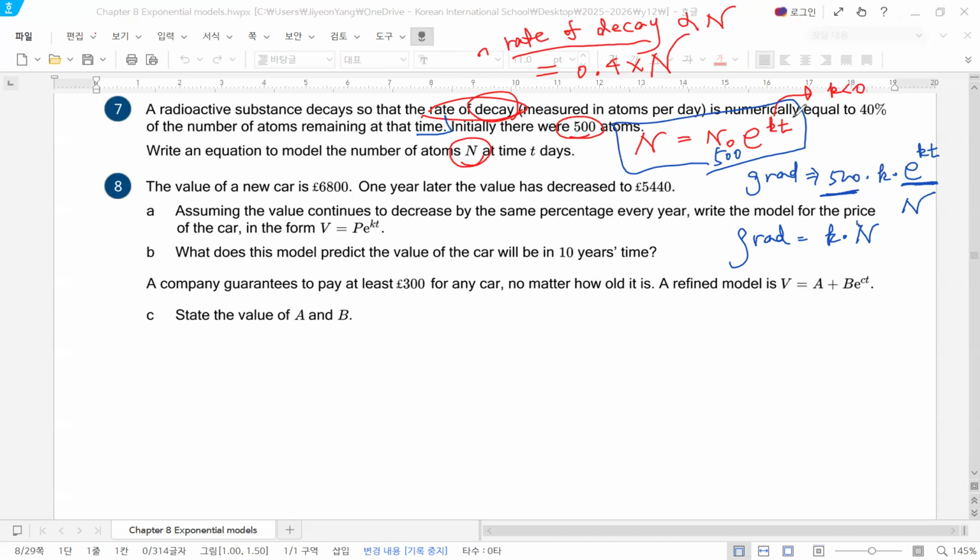And then it's 40% of the remaining atoms, equals 0.4. Since it's a decay, the rate of decay should be a negative value, right? Therefore k should be negative 0.4. Does it make sense? So n equals 500 times e to the power of negative 0.4t is the answer.